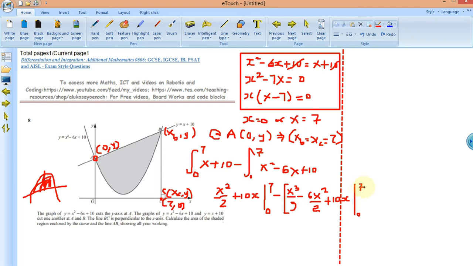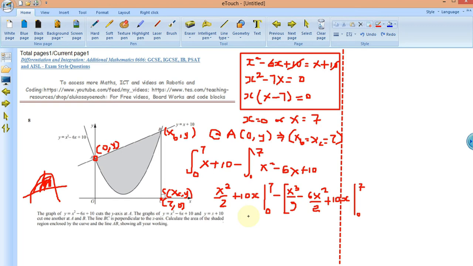Okay, so let's complete this now, guys. I'm going to plug this into the calculator. When it is 0, it will be 0. So I just need to go for 7. That is 7 squared, 49, over 2 plus 10 times 7, which is 70.